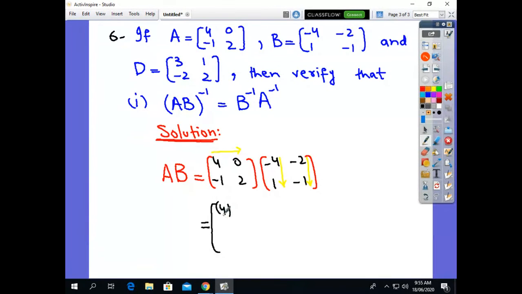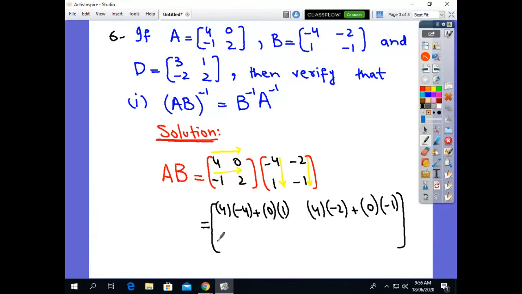4 is multiplied with negative 4 plus 0 is multiplied with positive 1. Now 4 is multiplied with negative 2 plus 0 is multiplied with negative 1. Now we multiply the second row with both the columns.